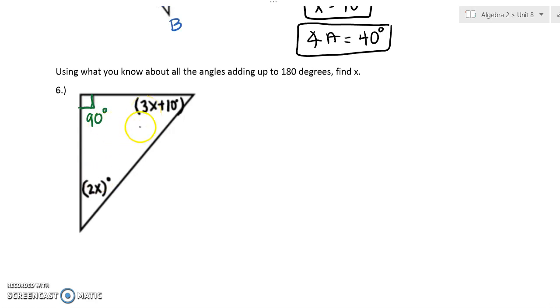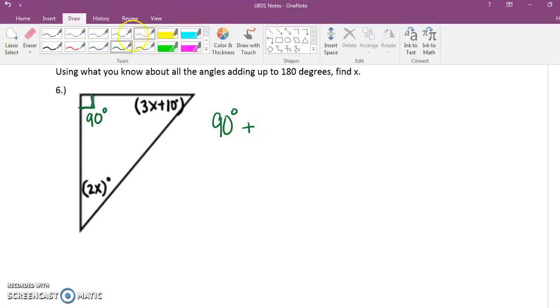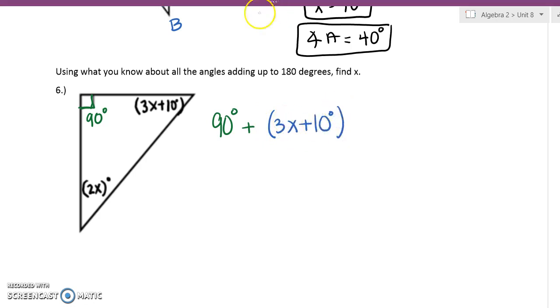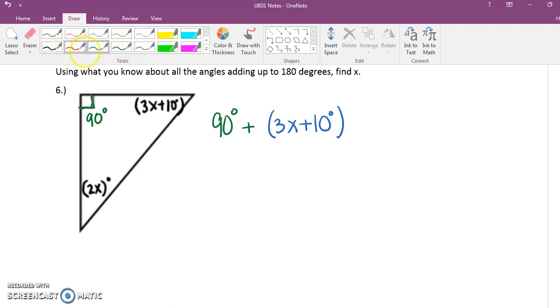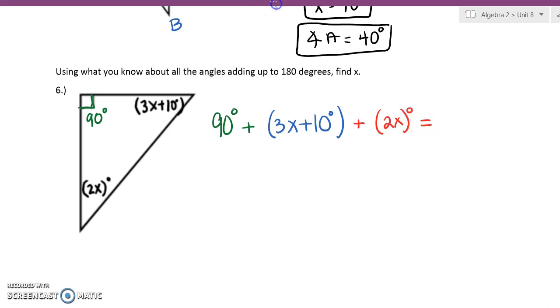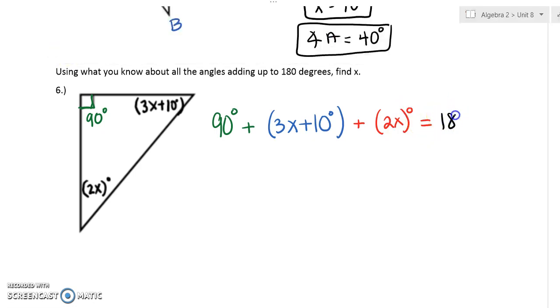But whatever it is, we know that 90 degrees plus these two angles right here, so 3x plus 10 degrees, and plus 2x degrees, we know that all of these are supposed to add up to 180 degrees. So the sum of these three angles, okay?